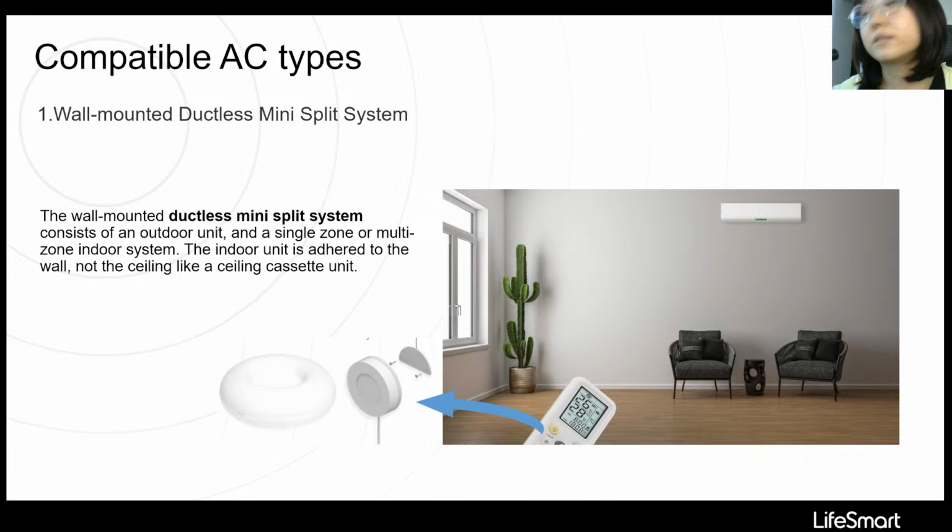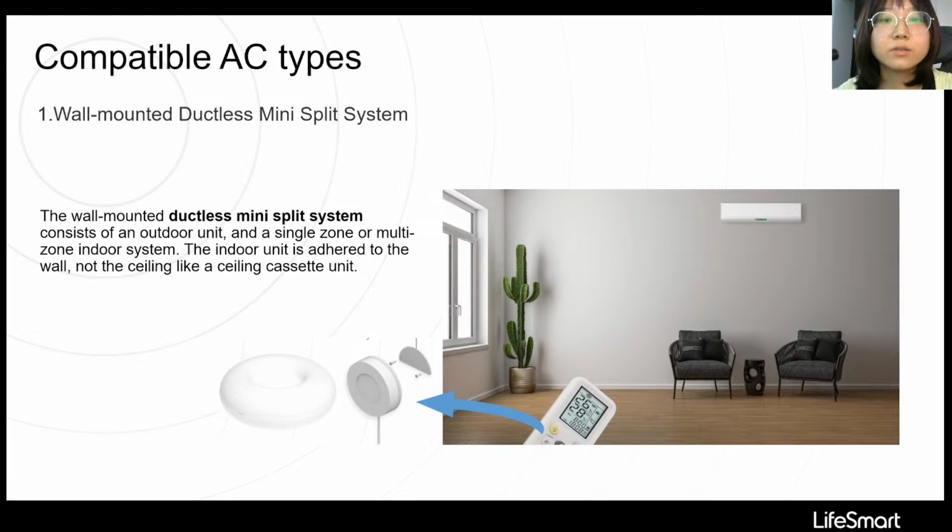And the indoor unit is adhered to the wall. For this type, the universal controller SPOT might be compatible, but a key point we need to consider is whether all the keys of the remote control transmit the IR signal.